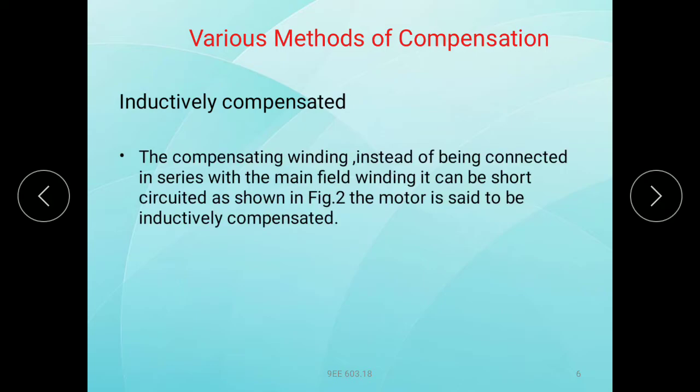Now the compensating winding, instead of being connected in series with the main field winding, can be short circuited as shown in figure 2. The motor is said to be inductively compensated.